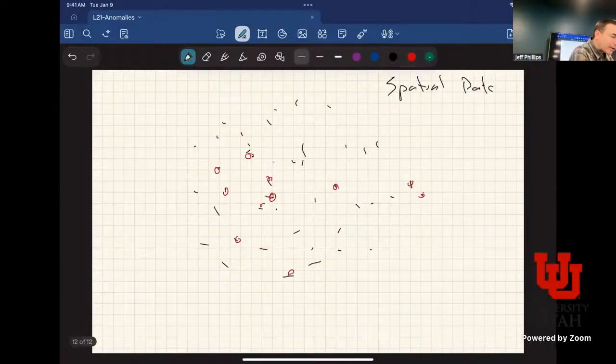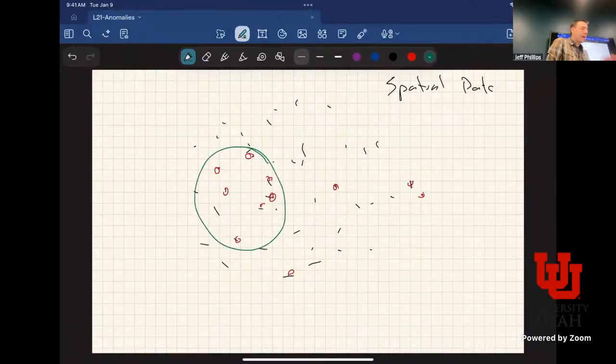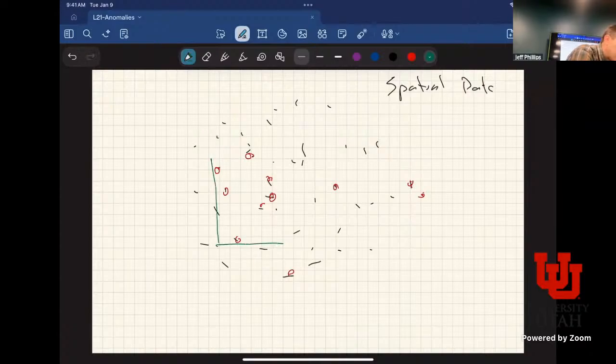Okay, and now I'd like to find a circular region. Let's not talk about circles. Circles are a lot more complicated. I'd like to find a rectangular region that has a lot more of the high valued points than the stuff in the background, right?